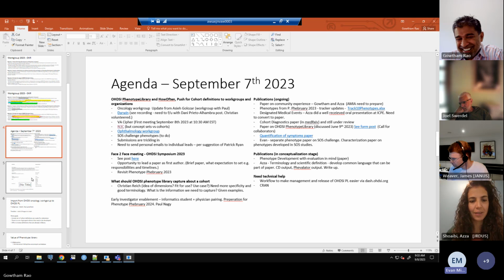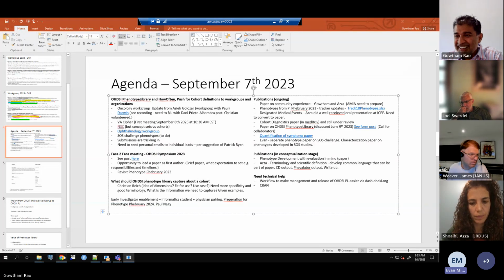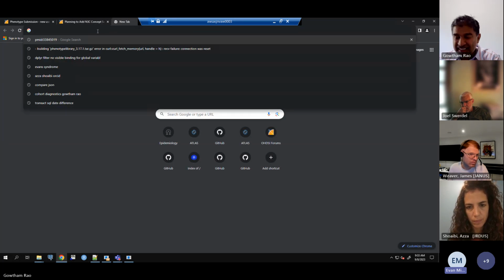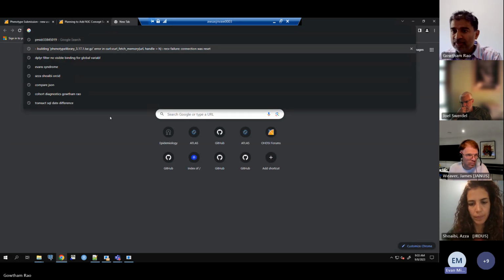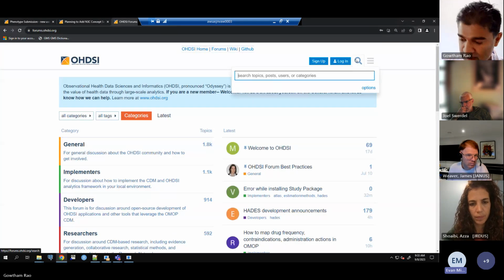And then from an SOS perspective, there's definitely some work on my plate with respect to the aortic syndrome phenotypes that it might be good to review. I've looked at the criteria for inclusion in the phenotype library, especially in the context of How Often, based on reviewing the community call. It basically needs to be executed on a single data source, which would get check marks there, and that needs a forum post. Is that right? Yes. Okay.